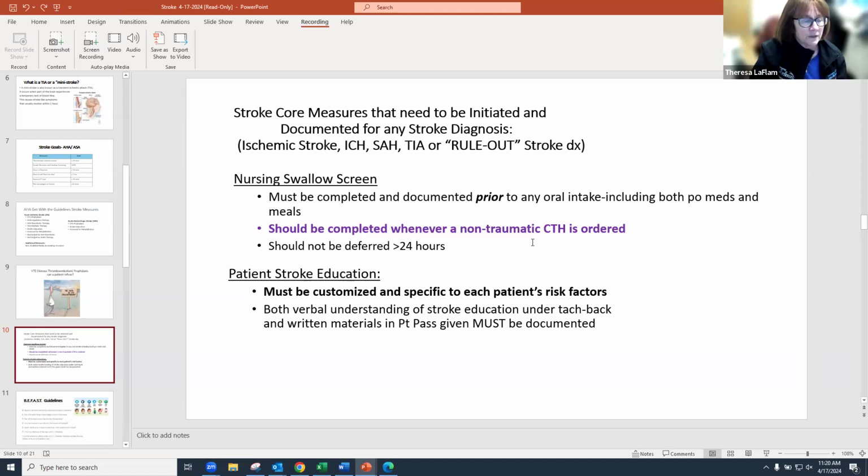No water, no drinks, no food, no medications until they drink the 3 ounces of water, and we check them safely, and then we pass them. If they fail, well, then we have to call in a specialist, which would be our speech therapist. But these are nurses that are doing the bedside swallow screen, checking the patient for safe swallowing. And we do all of that as part of our stroke education and educate them as to why they do that.